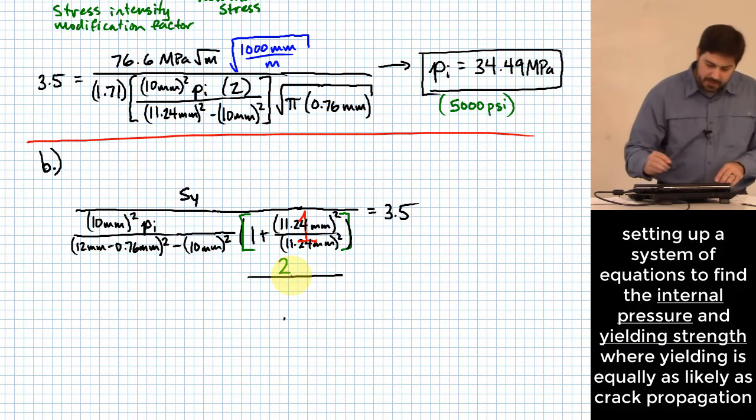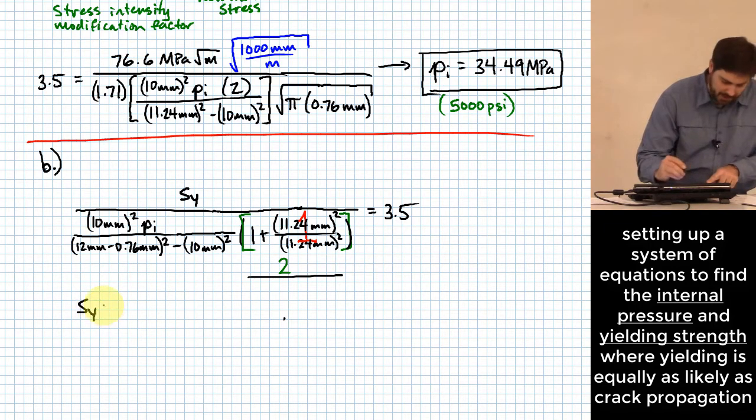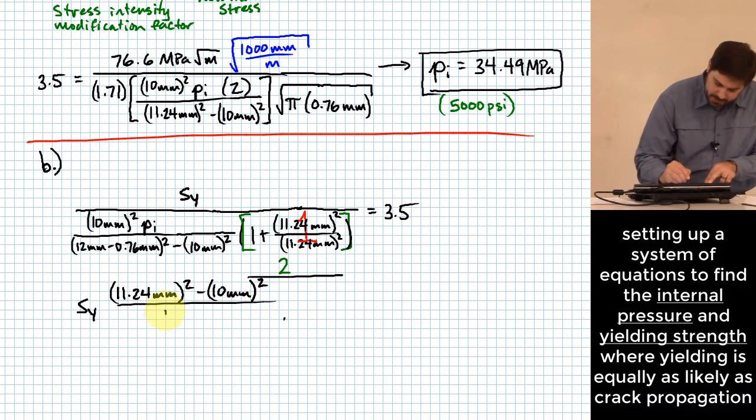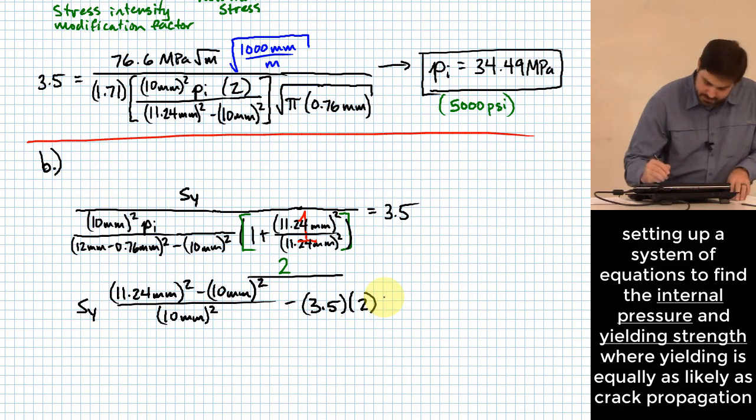If we move the right variables to the right places, I can eventually rewrite this as S sub y times 11.24 millimeters squared minus 10 millimeters squared, over 10 millimeters squared minus 3.5, times 2 times P, equals 0.